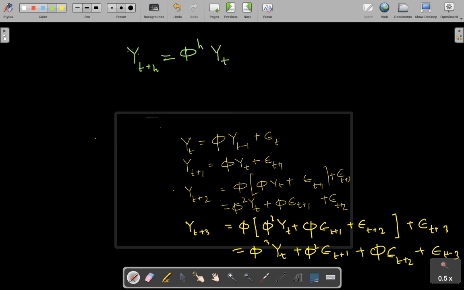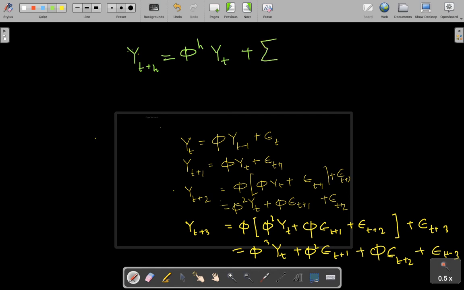What about the error term? You're getting a series of error values, right? So how is that series distributed? If I have 3, then it starts from phi power 2 and goes up to phi power 0, the last coefficient. So basically the power of phi is going to be distributed from 0 to h minus 1 if I'm considering t plus h periods, right?